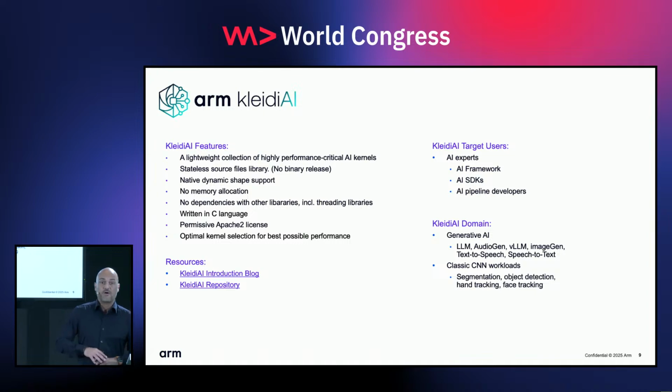It's written in C for compatibility with as many frameworks as possible, because when we talk about mobile and edge deployment, there is also the fact that some frameworks are written in C and not in C++. That is the reason why we decided to develop a library in C. It's a library not just for generative AI, but certainly most of the optimized routines are for accelerating generative AI. But these optimizations are also applicable for classic machine learning algorithms or also for convolutional-based neural networks.